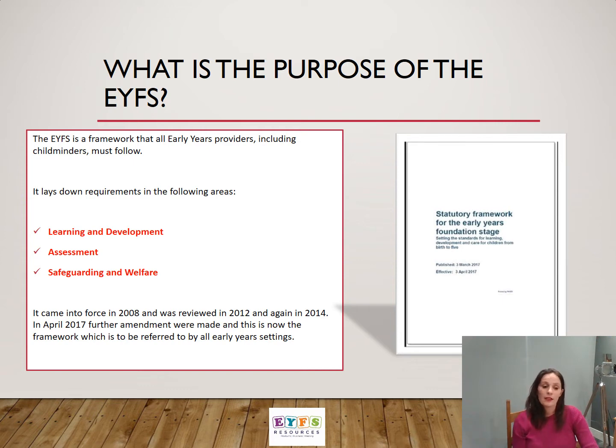Well, simply, the EYFS lays down the requirements in the following 3 areas: learning and development, assessment, and safeguarding and welfare. It came into force in 2008 and was reviewed again in 2012, reviewed again in 2014, and then a further amendment was made in April 2017. This is the EYFS that you will be looking at now and will be following.